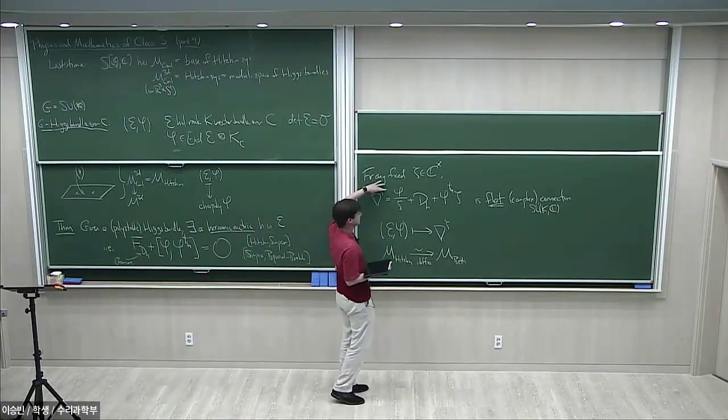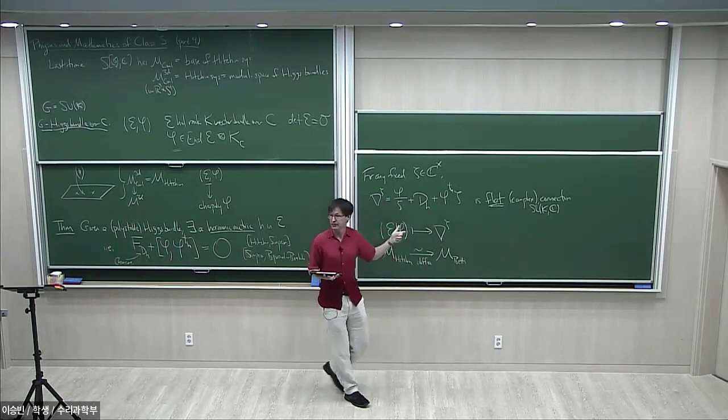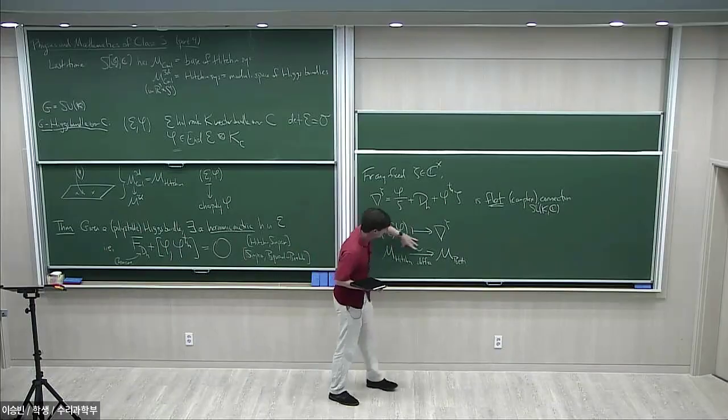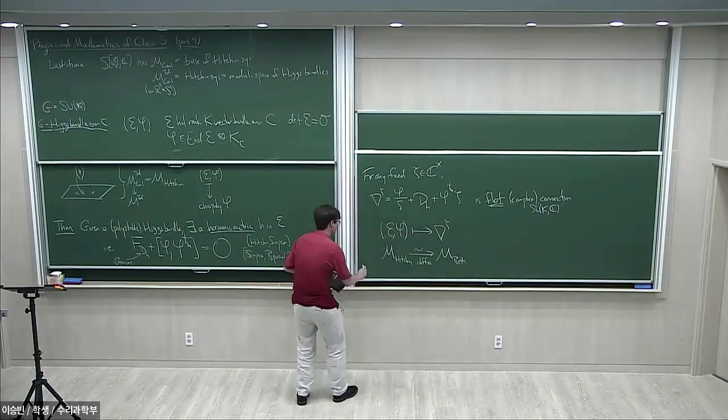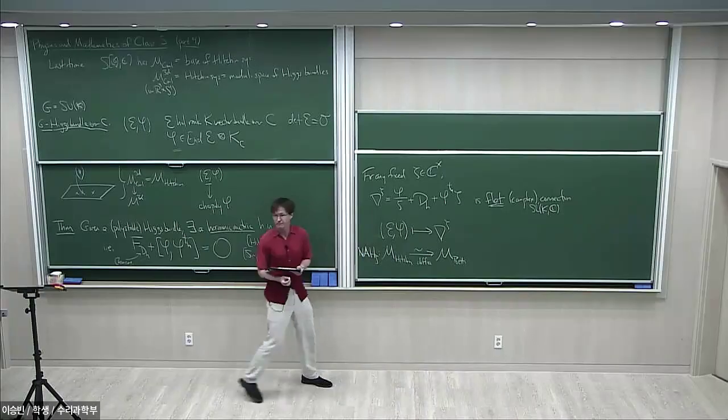In constructing this nabla zeta, we use phi, but we also use phi dagger. So this is not a holomorphic map. There's a natural complex structure here, a natural complex structure here, but those two complex structures are different. So call this NaH, the non-abelian Hodge map with parameter zeta.